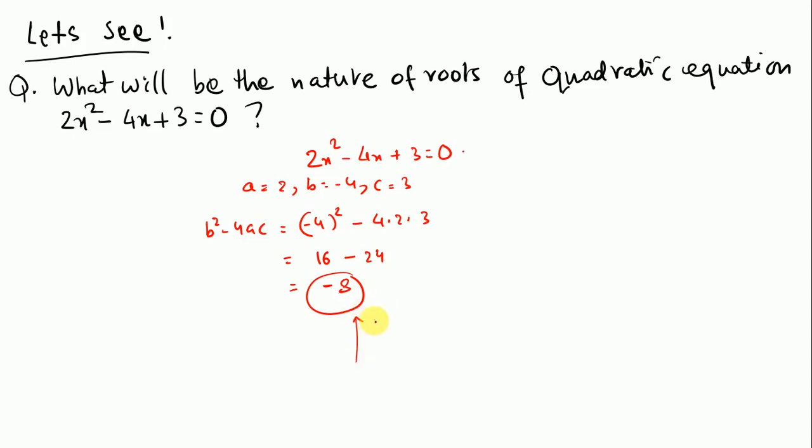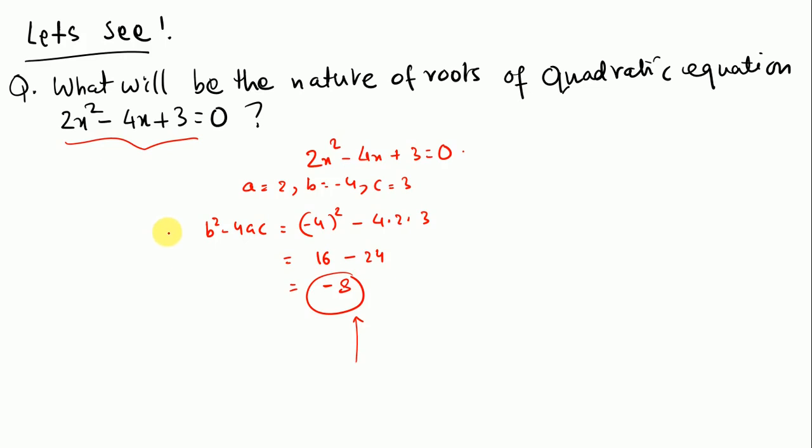Okay, so we can see that this discriminant is less than 0. As it is less than 0, it means that the values of x are unreal, meaning imaginary, which does not come in the real numbers. These imaginary numbers you will study in higher classes when you study complex numbers.